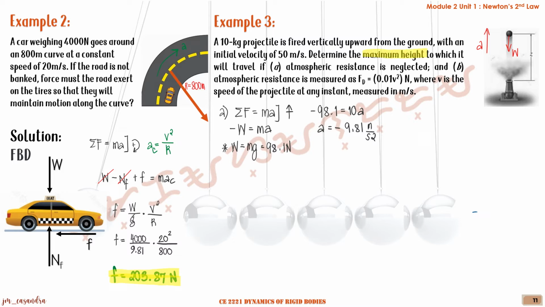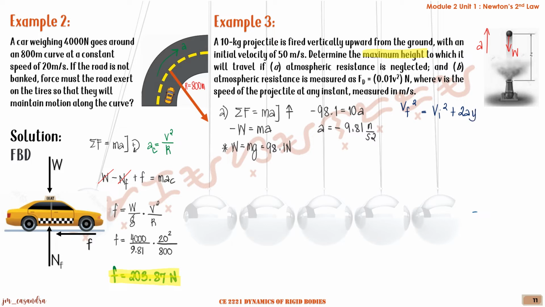Given the acceleration computed, and we are given our initial velocity, therefore we could use our kinematic equation, which is v_f squared equal to v_i squared plus 2 a y.